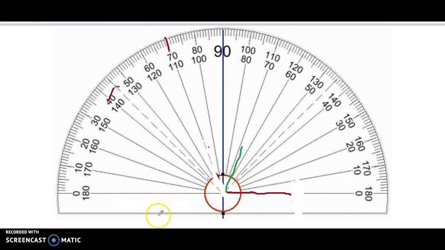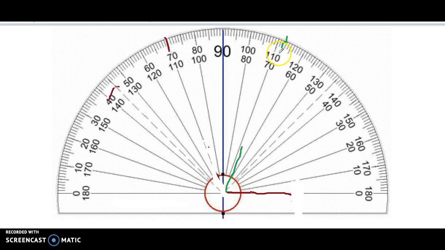Looking at this other line, we need to measure it and figure out which one it is. If I continue this line, it's going to go straight up about right here. Then I need to figure out, is this an acute angle or an obtuse angle? Right here is our 90 degrees, and ours is going to be less than that, so this is going to be acute. So I know I'm going to use a smaller number.